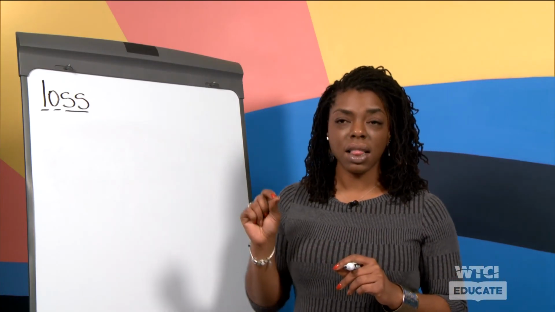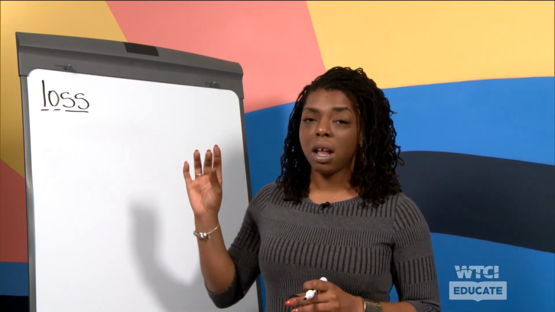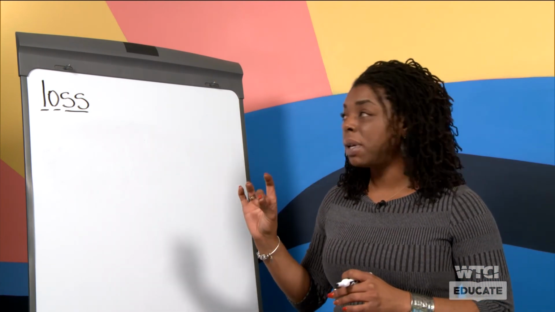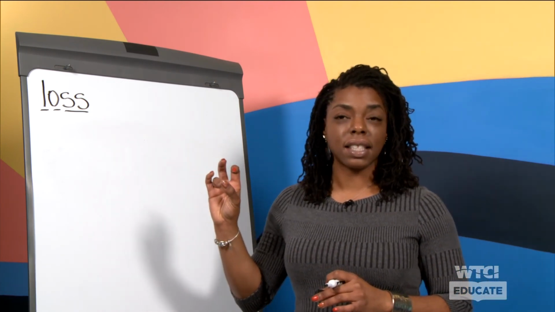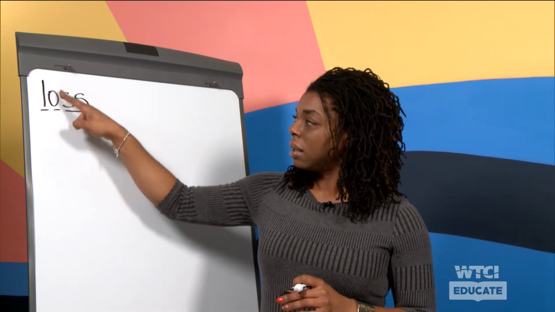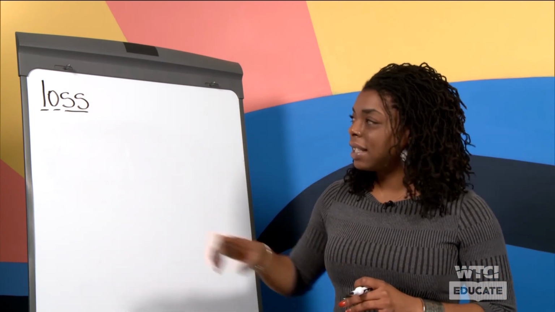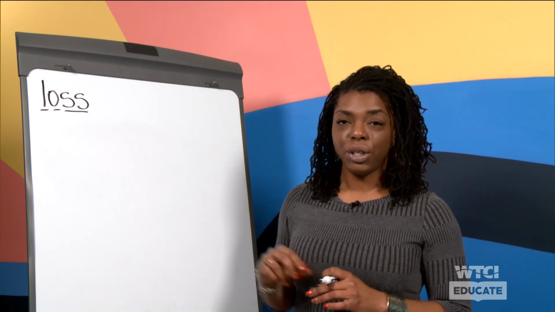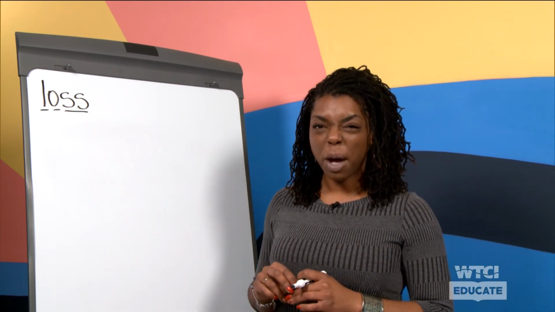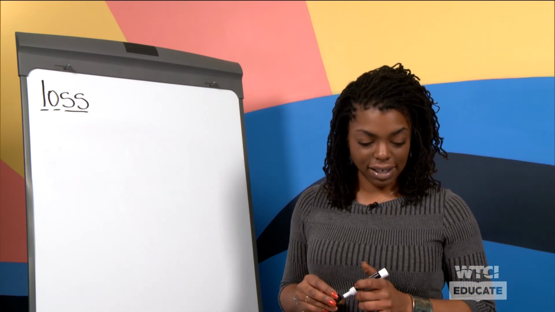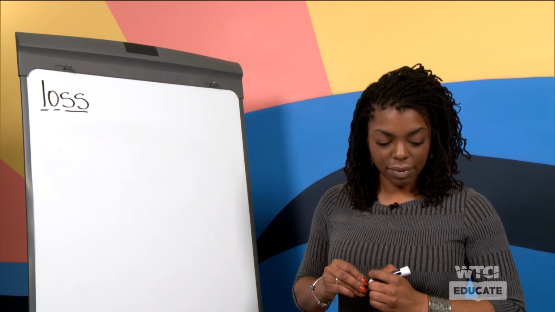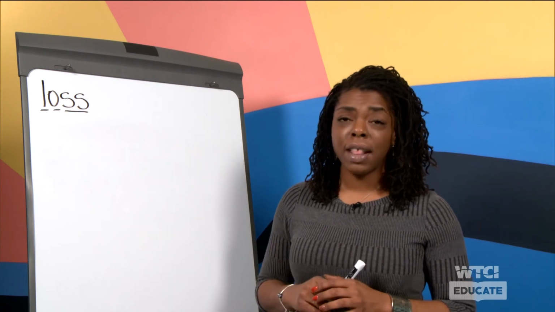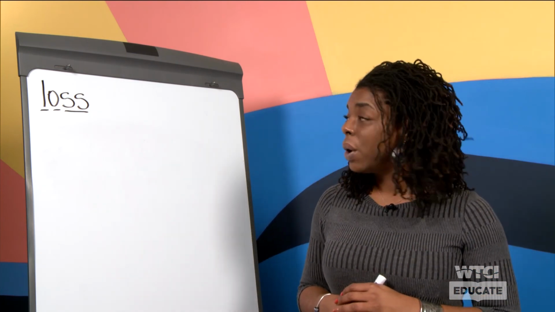Beginning sound, l, middle sound, ah, like octopus, and do you notice that that ending sound s is represented by 2 S's, the double letter S? All right, now you take some time and write this word on your piece of paper or your whiteboard.